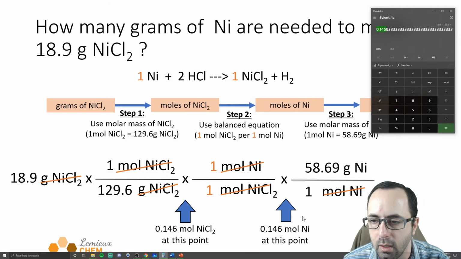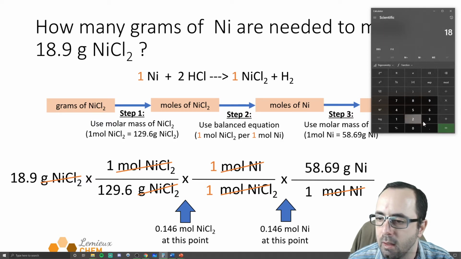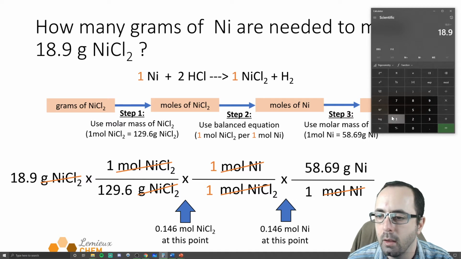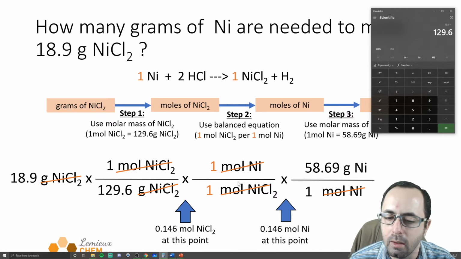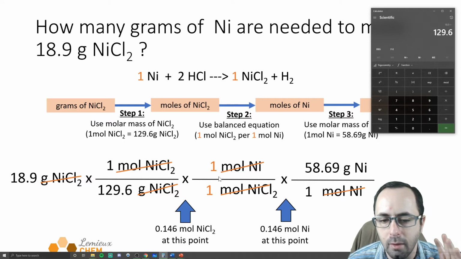Here, we actually already did the beginning. We got the 0.146. We can do it again. 18.9, and since this is on the bottom, we'll press divide 129.6, and this would then be times 1, divide by 1. You don't have to put it in your calculator, but you do have to write the conversion factor. Just because there are both ones here in the second step doesn't mean you can skip writing this conversion factor.